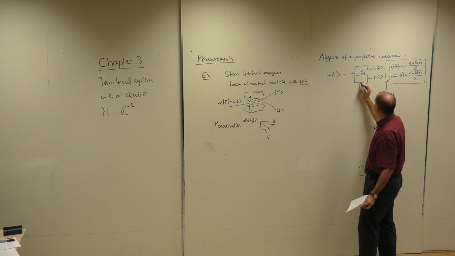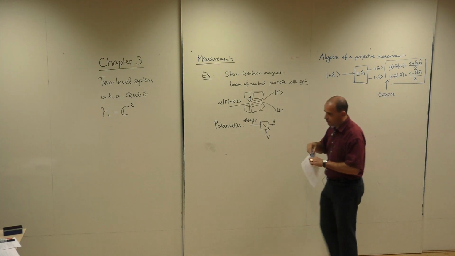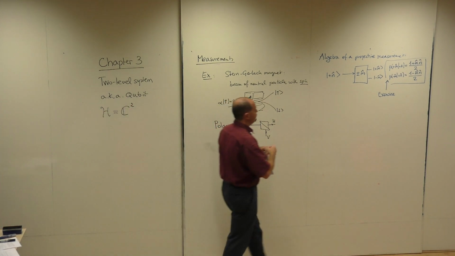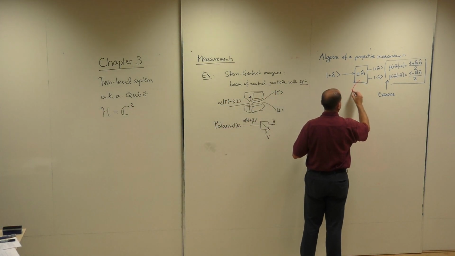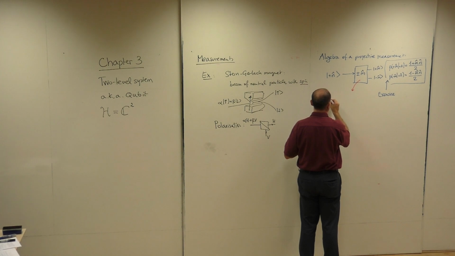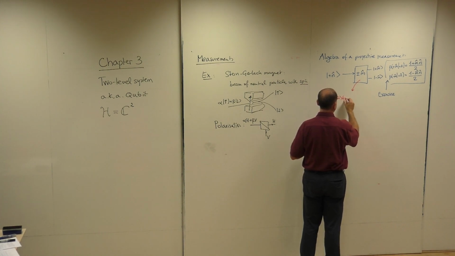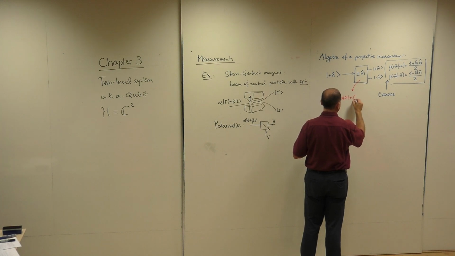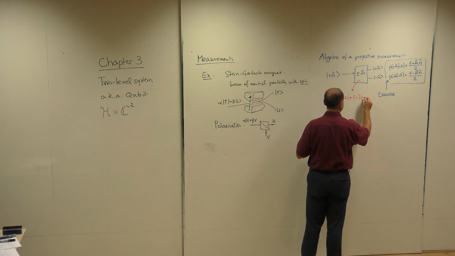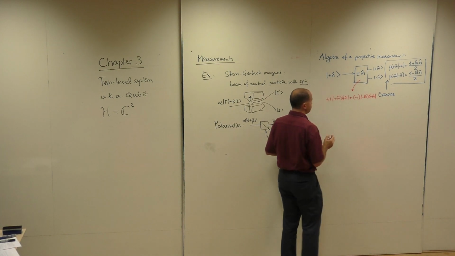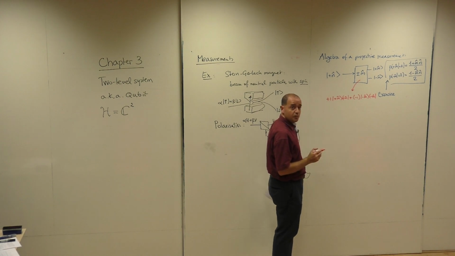Now you could remember what we did with the observables. We said that we could define an observable that is, for instance, plus 1 times the projector on plus m, plus minus 1 times the projector on minus m. This would be one of these observables. We call it A. What is this object?